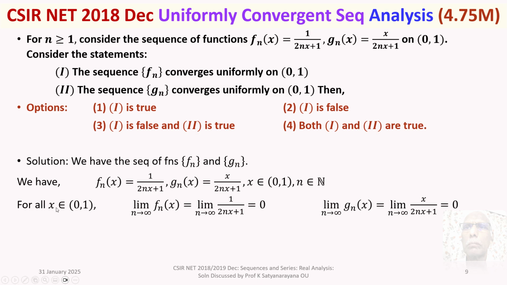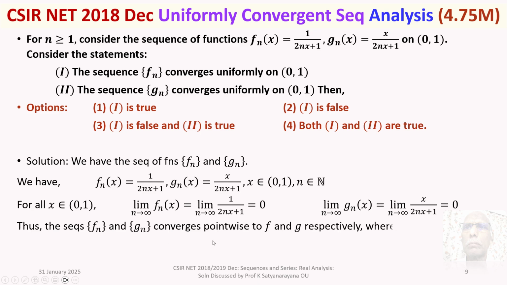Also for all x in (0,1), limit n tends to infinity of g_n(x), which is limit of x by (2nx plus 1), is equal to 0. This also converges pointwise to a function g(x) equal to 0. Thus, the sequences f_n and g_n converge pointwise to f and g respectively, where f(x) equals 0 and g(x) equals 0 for all x in (0,1).